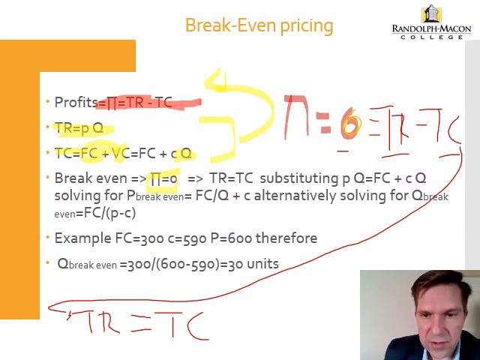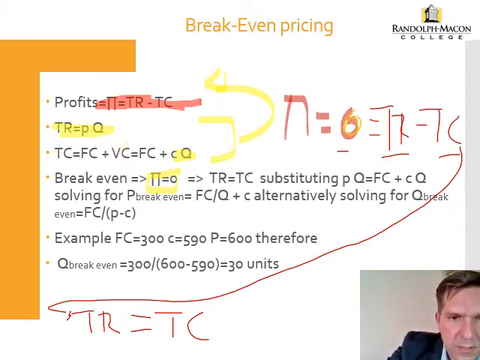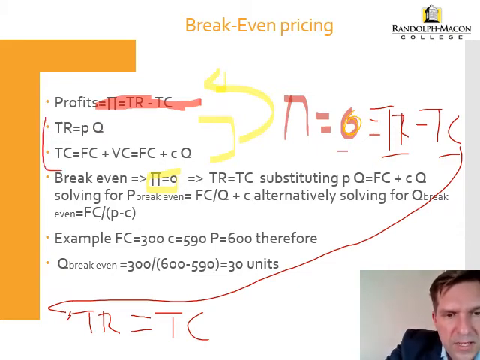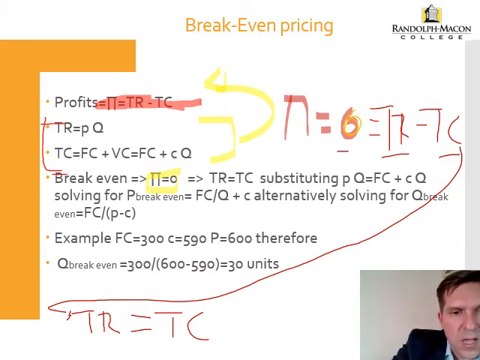And if total revenue is equal to total cost, you can substitute these two equations that we have at the beginning. I'm going to erase all this stuff to make sure you don't get lost. We're going to substitute these two equations, which are the definition of your total revenue and total cost, into this expression right here.